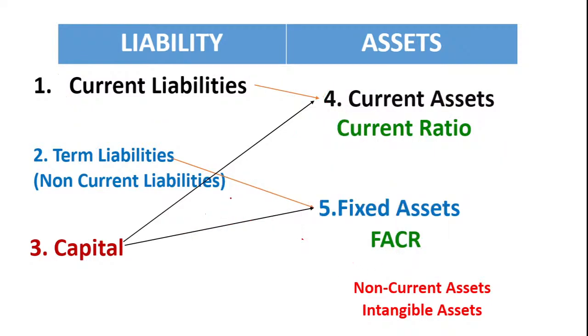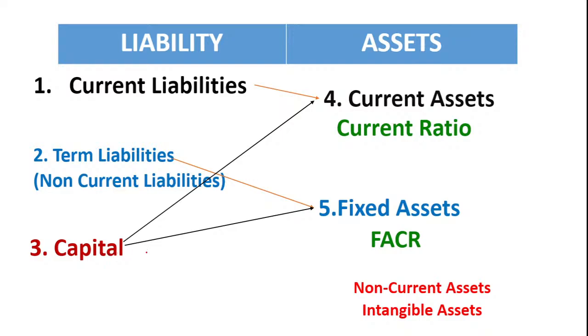So, friends, the same assets and the same liability are categorized in different buckets according to the nature of that company. If the nature of the company is different, the same asset can become a fixed asset or a current asset. The same liability may become a current liability, a term liability, or even part of the capital.